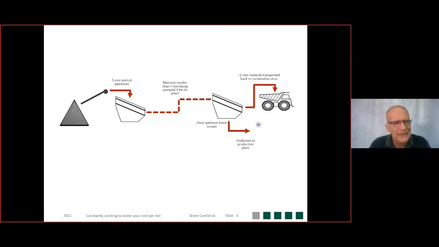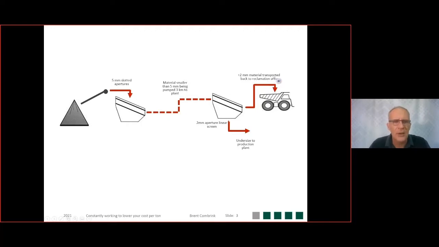So what happened, we then changed the first screen with the 5mm apertures. We changed that aperture to a 2mm aperture. And the result of that was that there was no more +2 oversize that could be transported by those trucks because it's been screened out at this primary screen already.